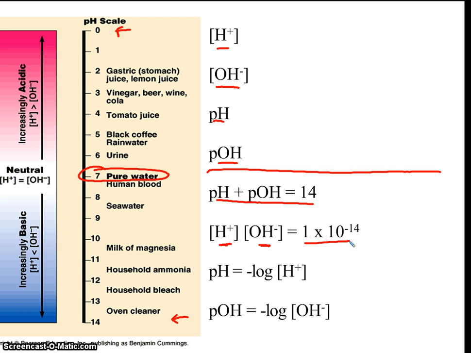Now for both pH and pOH, here's the formula. I'm just going to concentrate on this one right now because the pOH works the same way. The pH is equal to the negative log of the hydrogen ion concentration.